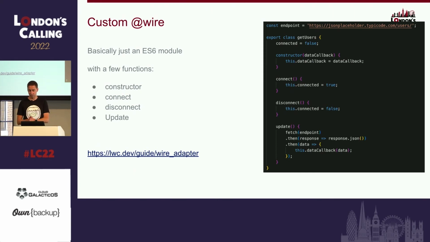If you want to create a custom adapter, that's pretty easy too. It's basically just an ES6 module, and you have some functions you need to define, like connect, disconnect, update, etc. This is a working one. It's a pretty basic one, but I have an endpoint at the top, and in the update, I'm just fetching the endpoint and returning the JSON object.